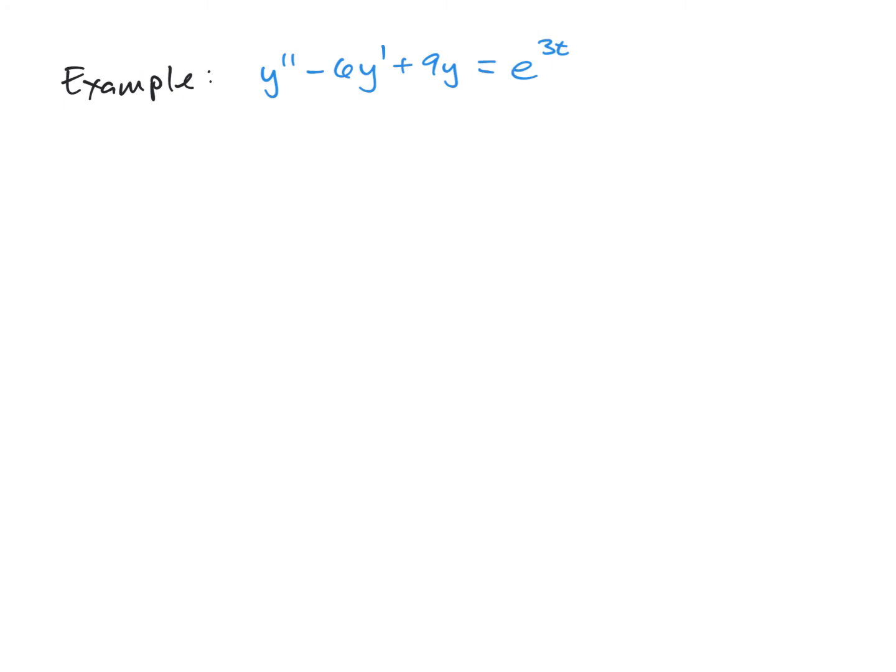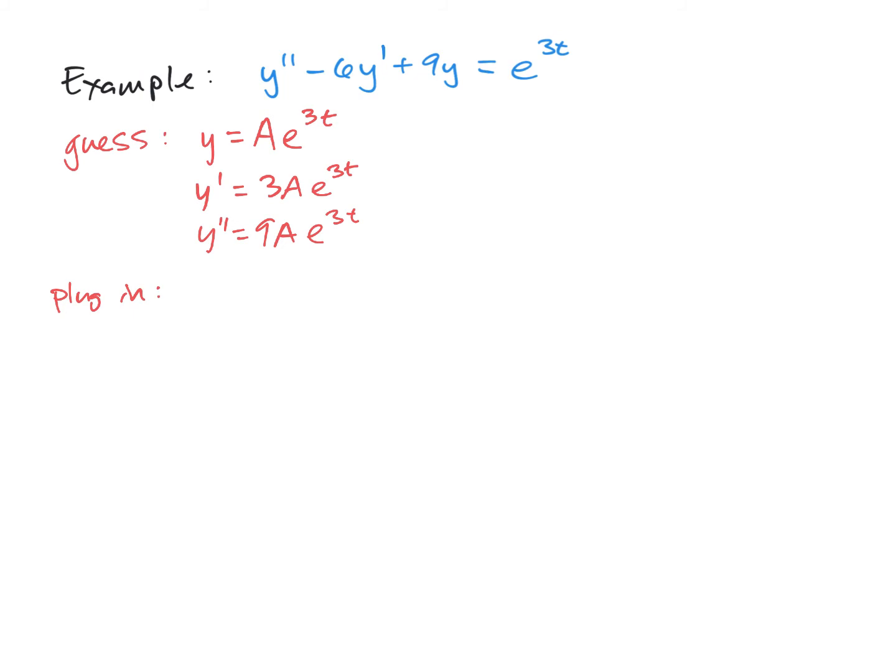Our right-hand side is an exponential, e to the 3t, so our guess is going to be y equals a e to the 3t. Then y prime equals 3a e to the 3t, and y double prime equals 9a e to the 3t. So we plug in.